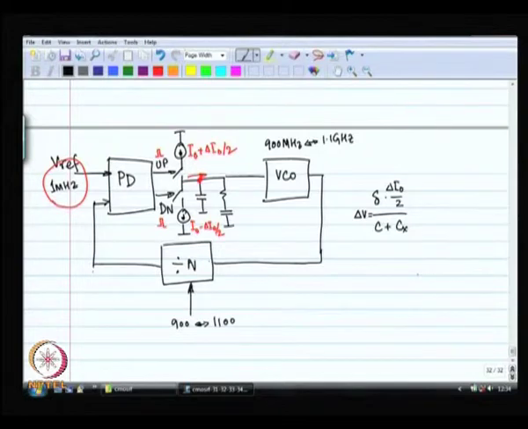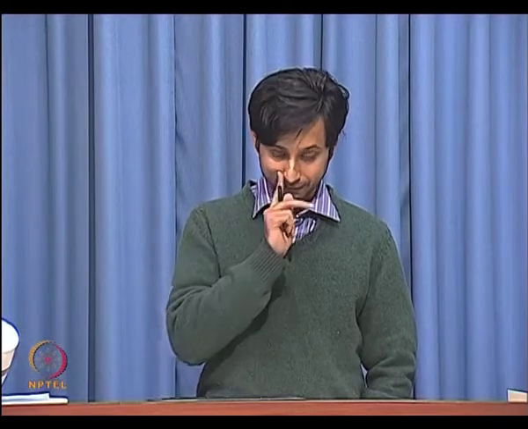All right. So, this is the problem, and what I am suggesting is increase C plus Cx, increase the capacitance. If I increase the capacitance, the loop bandwidth is going to drop. If the loop bandwidth drops, then effectively I am going to filter out this signal which is at fref.